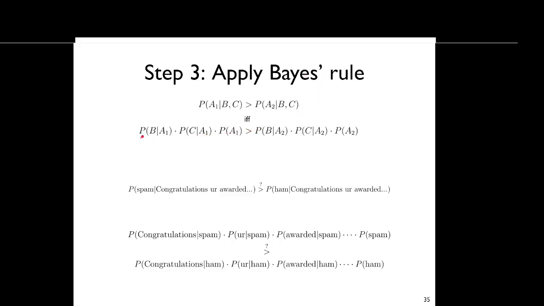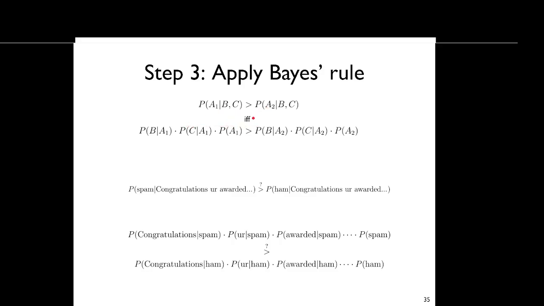with the multiple pieces of evidence. So we have to calculate the likelihood of pieces of evidence B and C given ham, and the likelihood of B and C given spam.